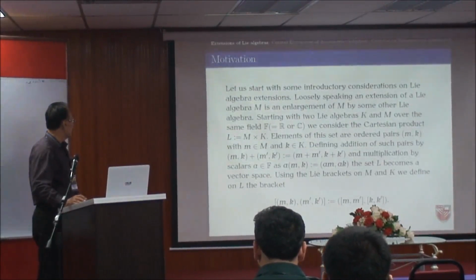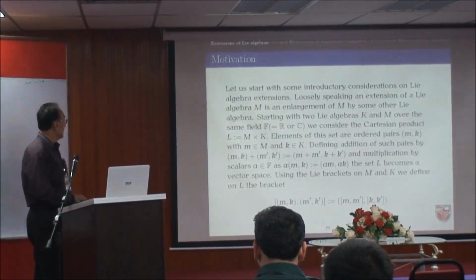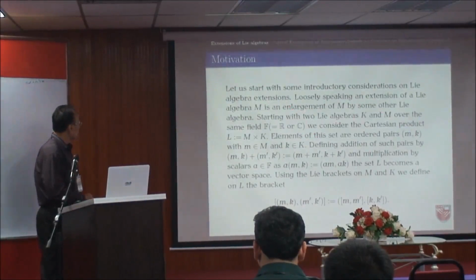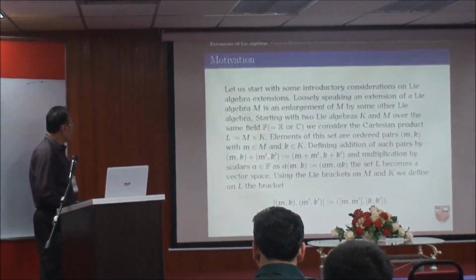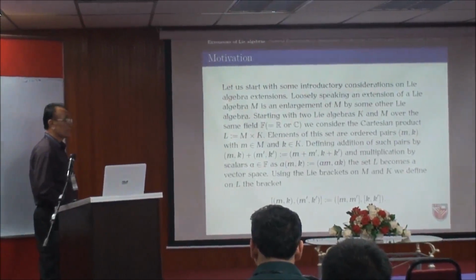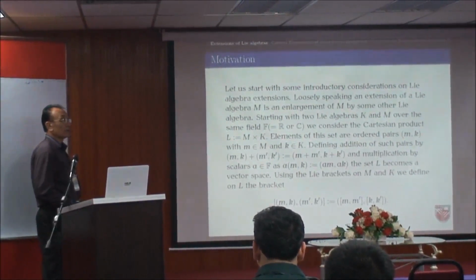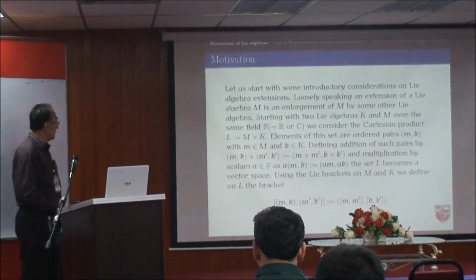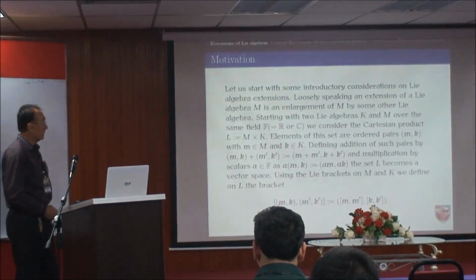So this is a simple example. When you have two Lie algebras, M and K, then of course you can introduce in this Cartesian product a vector space structure. Addition operation is given in a component-wise way, and the multiplication also is given this way.